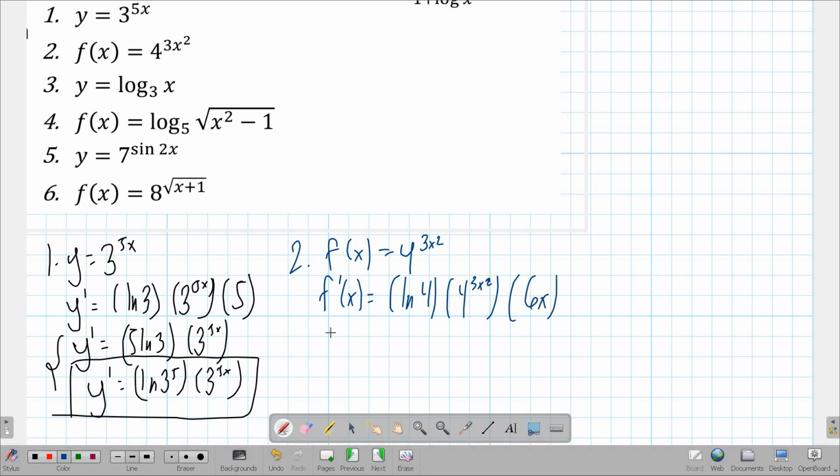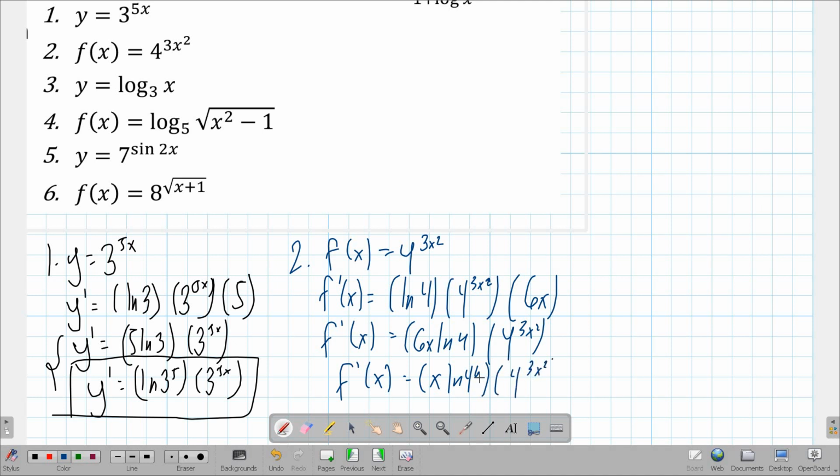So therefore, f prime of x is 6x ln 4 times 4 raised to 3x squared. You may want to simplify that further as x ln of 4 raised to 6 times 4 raised to 3x squared, but any of the two is already accepted. So that's for general exponential functions.